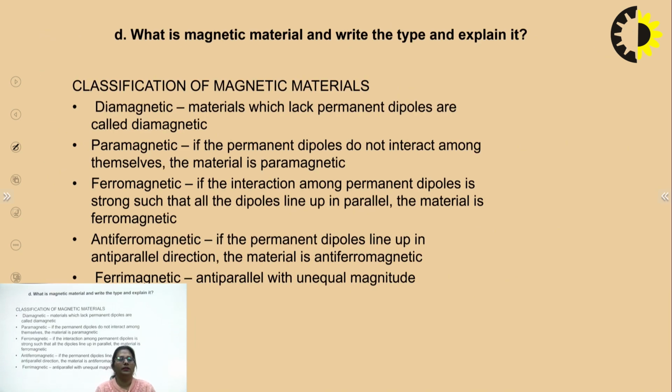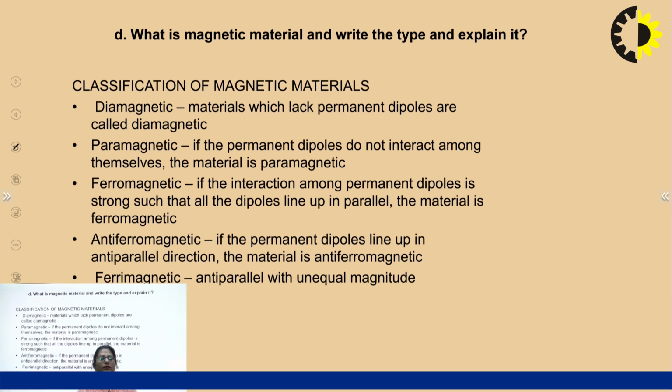Now, moving on with the D part, what is a magnetic material? Write the types and explain. So, a magnetic material is one which exhibits magnetic properties, right? What are the classifications? We have diamagnetic, paramagnetic, ferromagnetic, antiferromagnetic and ferrimagnetic.